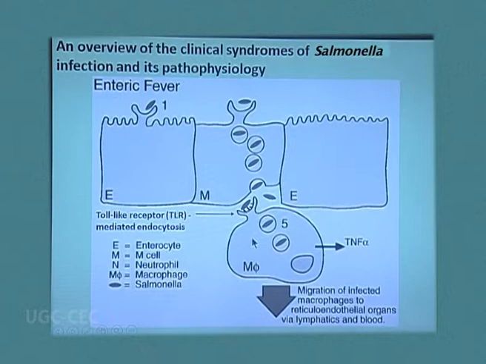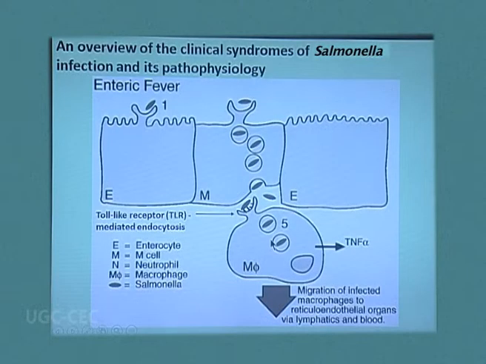Now, normally a regular bacterium will be destroyed after engulfment within the macrophages by the different microbicidal actions of the macrophage. But in this case, as you can see, the engulfed bacteria survives. Not only does it survive, it can even replicate within the macrophage.